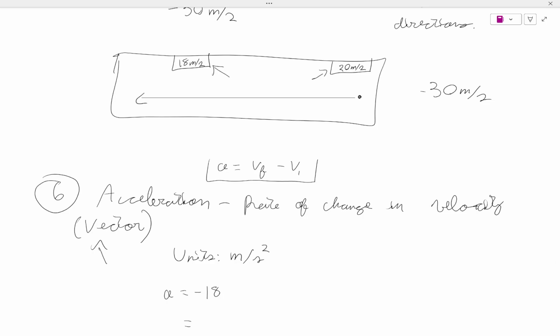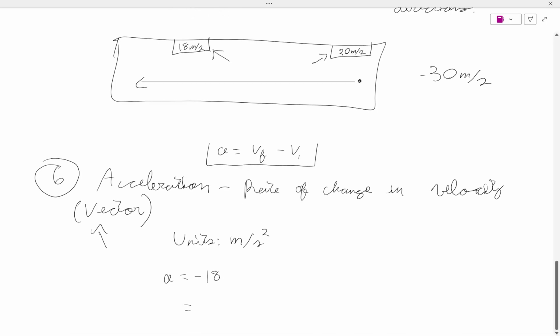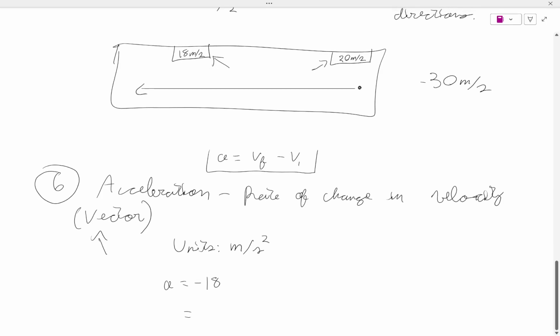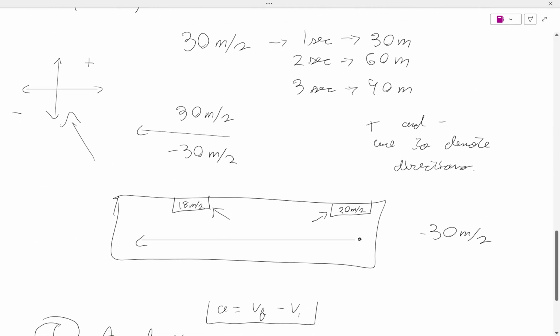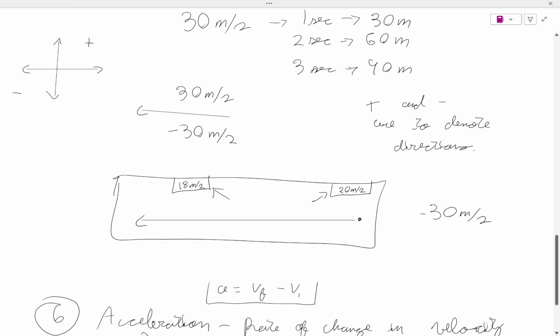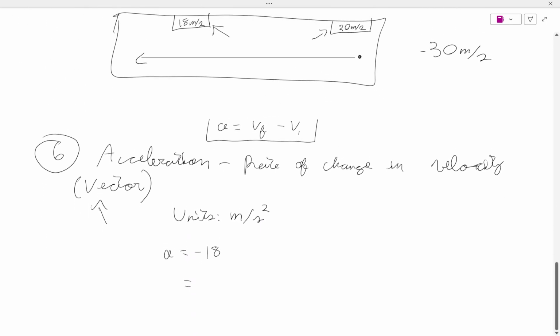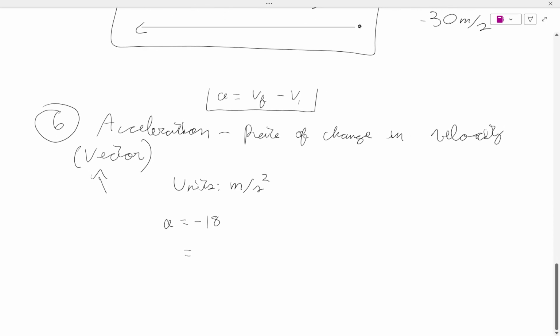The denotation, remember, negative goes left or downwards, positive is upwards or right. So think of it like XY, just like this over here. Sometimes in the question it will change, but the equation remains the same. It's minus negative 20.